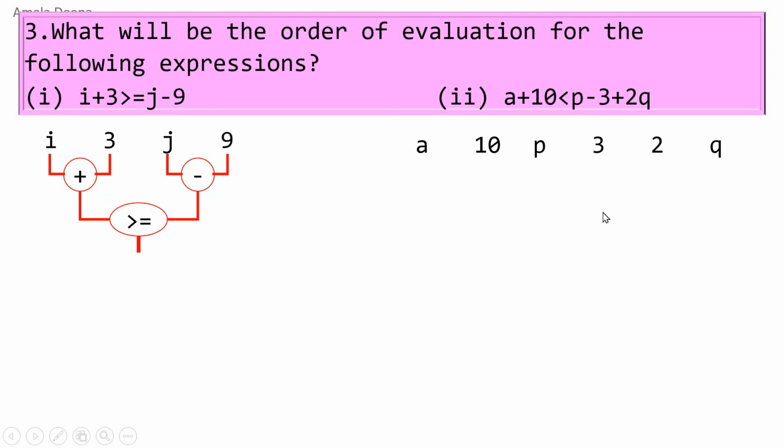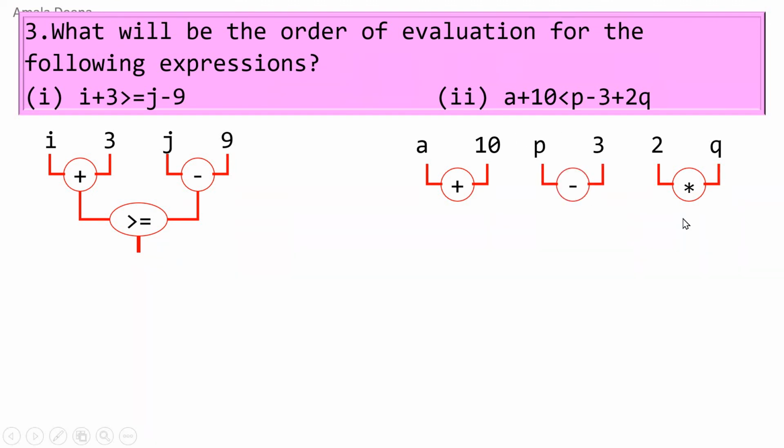By following the precedence of operators, the first operation to be executed is the multiplication between 2 and q. So 2 into q. And then the remaining operators are only addition and subtraction. So you do them in the order of appearance. So first a plus 10 and then p minus 3.